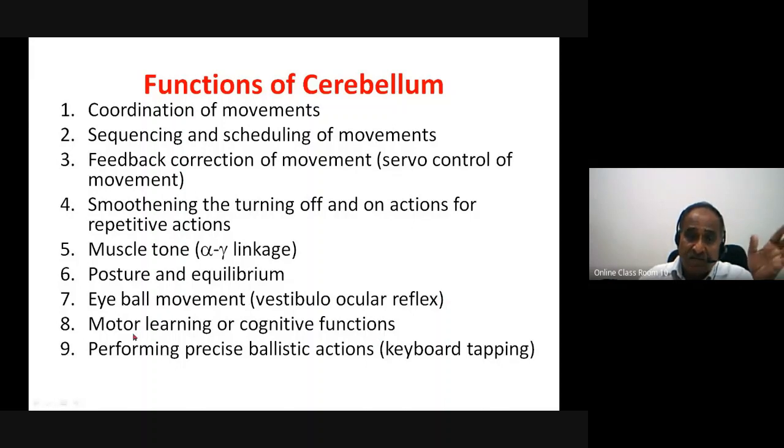Then motor learning and cognitive functions, because whenever we start doing actions, those actions are refined day after day. As you keep doing the actions, they become fine and smooth, and this fine smoothness of the action is because of the balance between the mossy and the parallel fiber inputs.